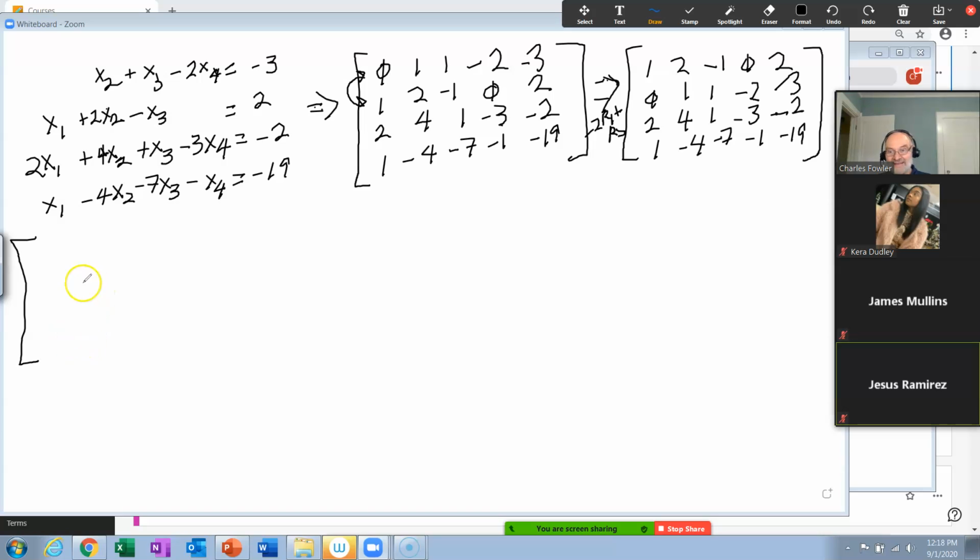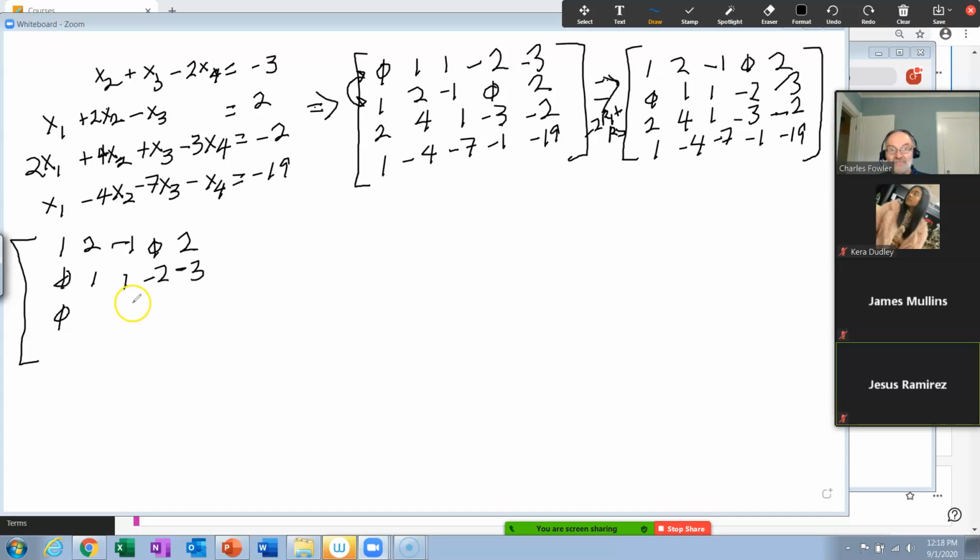So that means, guess what? We just copy down again. 1, 2, minus 1, 0, 2. And 0, 1, 1, minus 2, minus 3. Now, operating on the third row using the top row, negative 2 times 1, negative 2 plus 2, 0. That's exactly what we want.